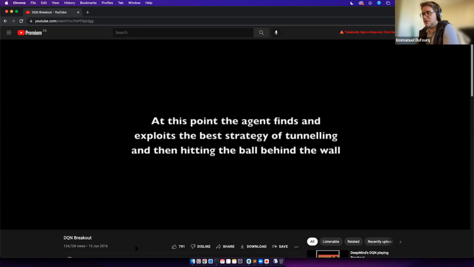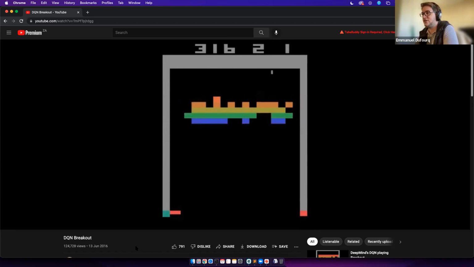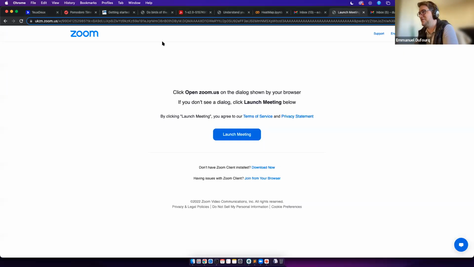What it learns is that if it can get the ball behind the blocks at the top, then the paddle doesn't have to move as much. So now it's got the ball at the top and it's just maximizing score. This is a nice example of machine learning in video games. This is a nice strategy that the algorithm has managed to learn. I usually like to show this because it's a fun example.